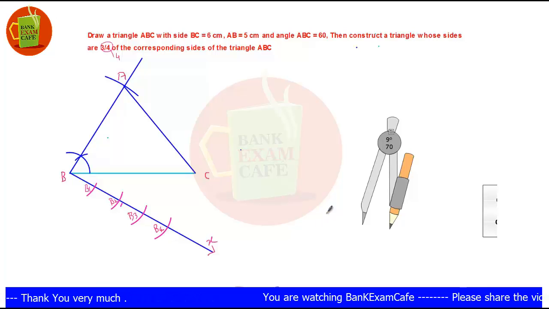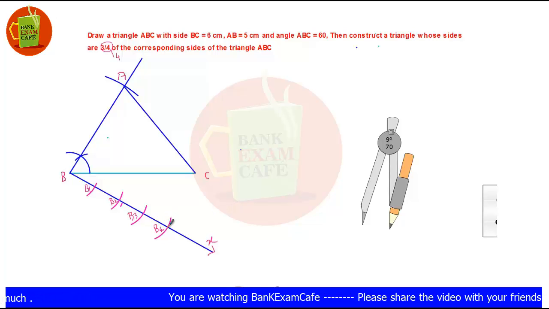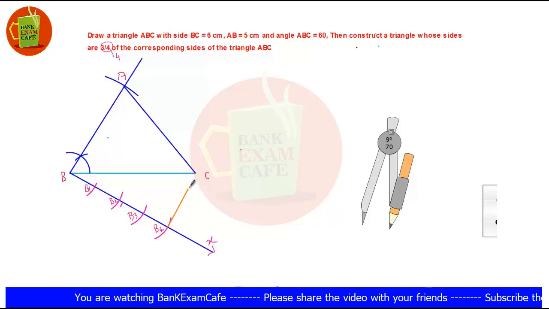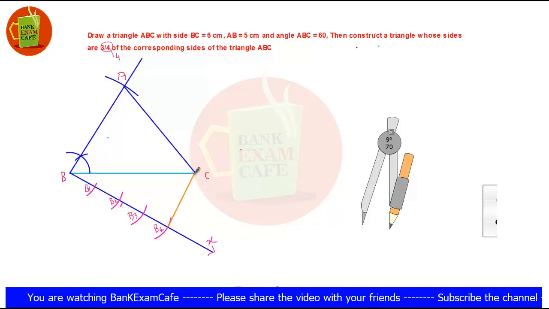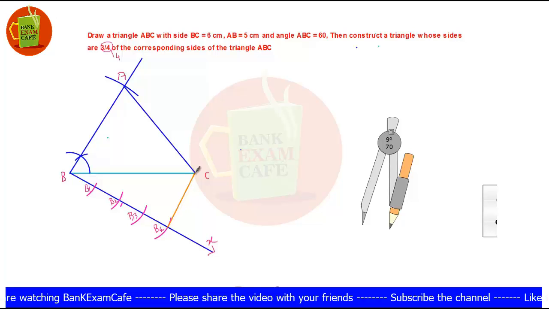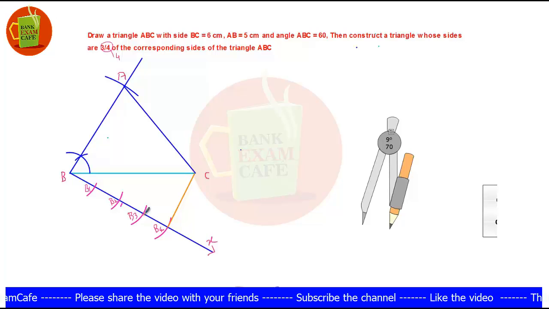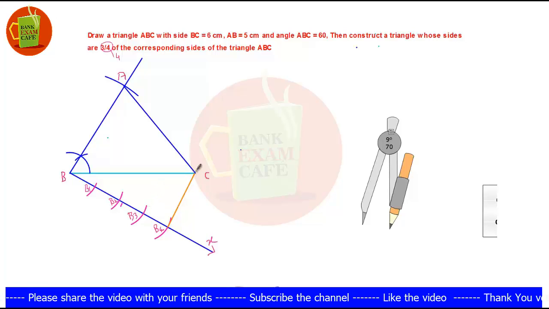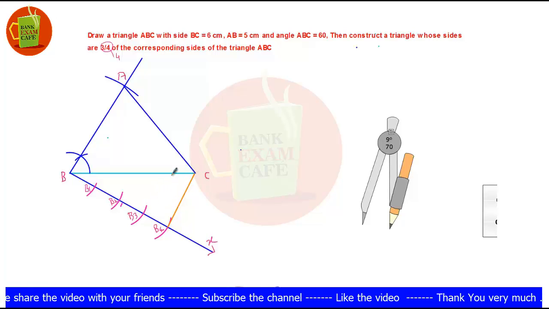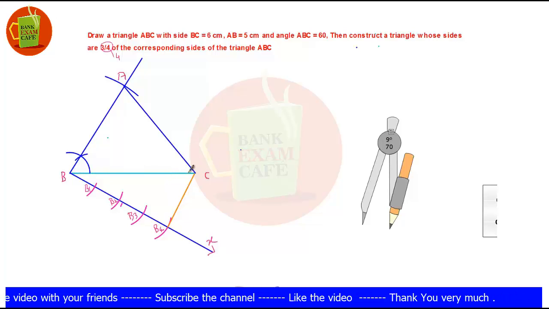Now since the denominator is greater, join this last point of intersection B4 to C. Now from B3, draw a parallel line to B4C so that it will intersect BC at point C dash.